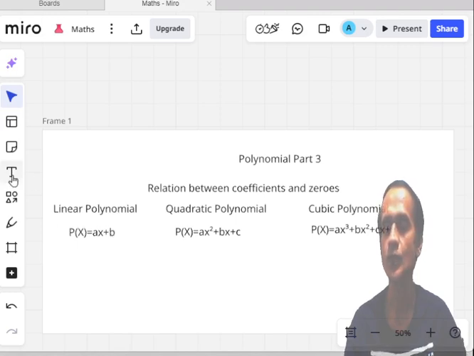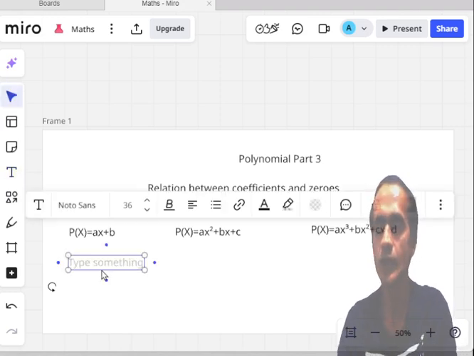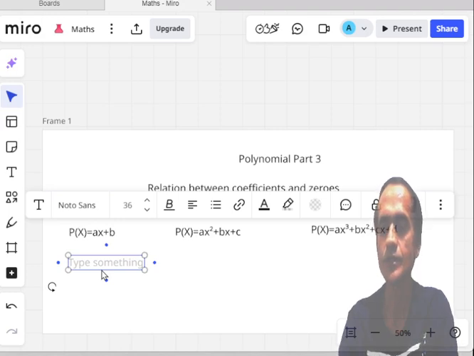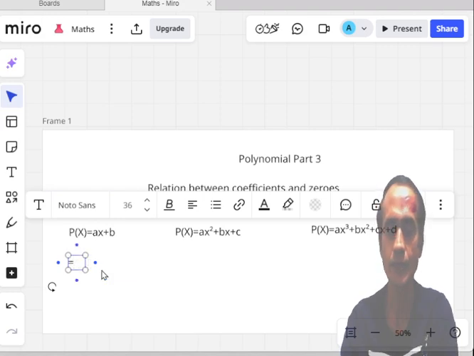For the linear polynomial, we have already found out that the zero of the polynomial is equal to minus b by a.